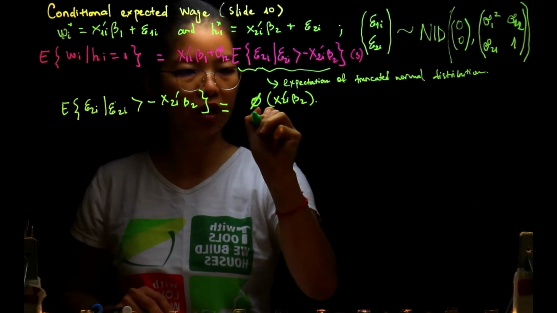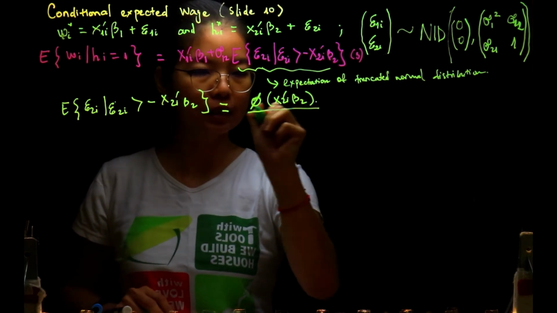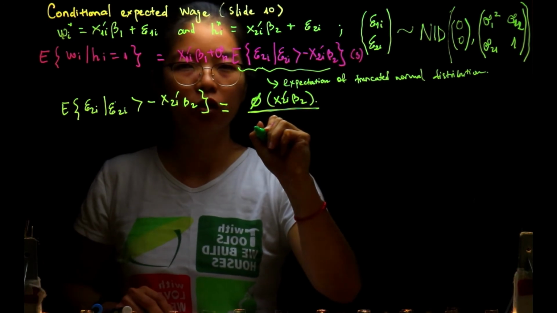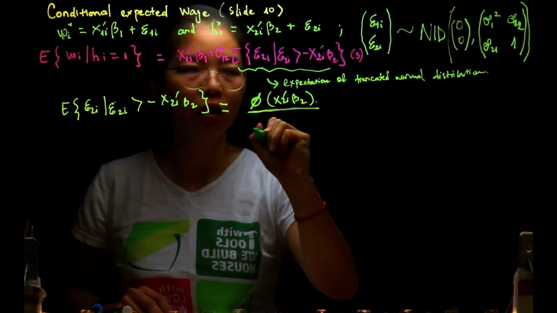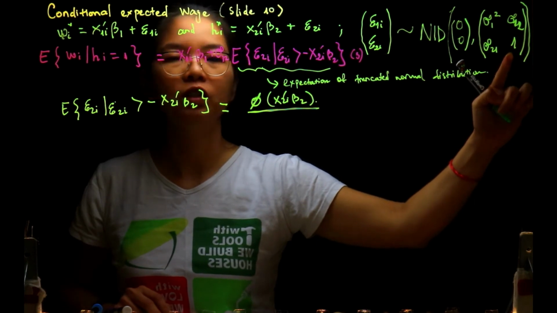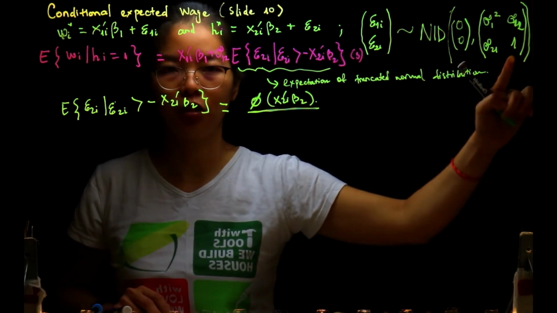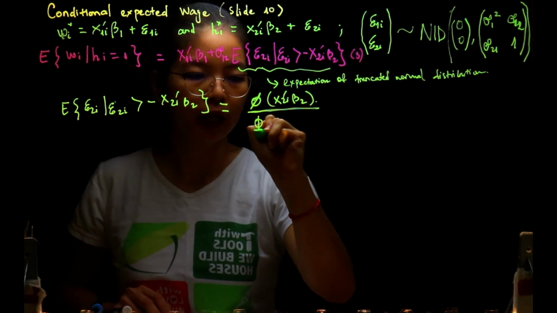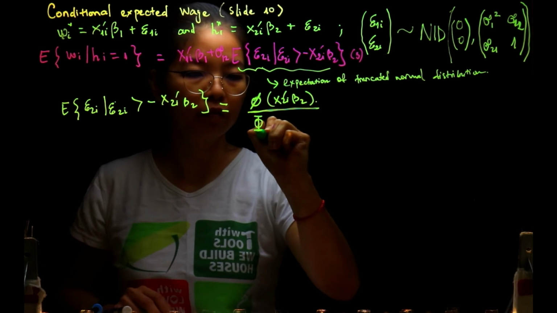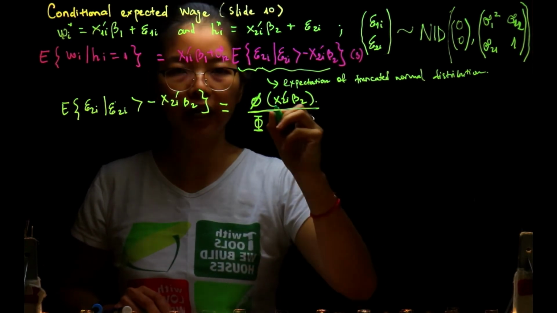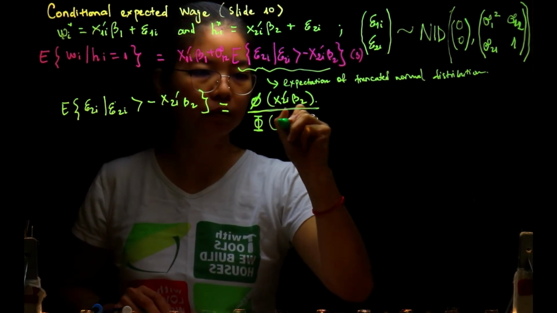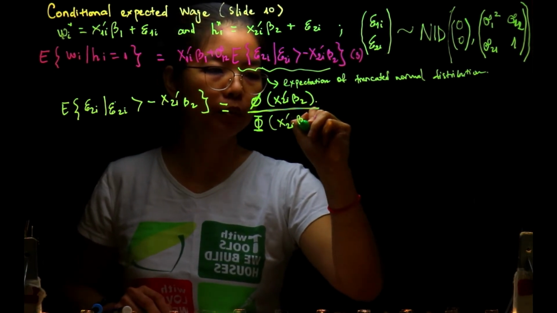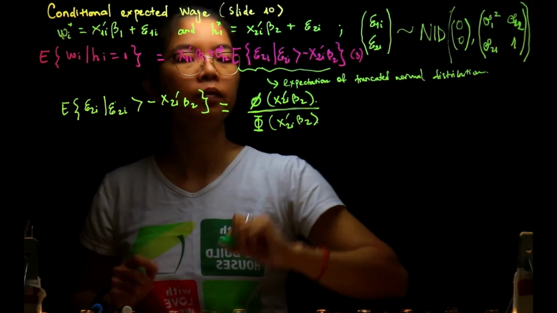Why do we have the phi now? Because we standardize the distribution of the second error term to have variance of 1. So it's a standard normal distribution. Yeah? So that's why it's the phi. And in the denominator, we have the large Phi, which is the cumulative probability at the same point, x2i prime beta 2. Okay?